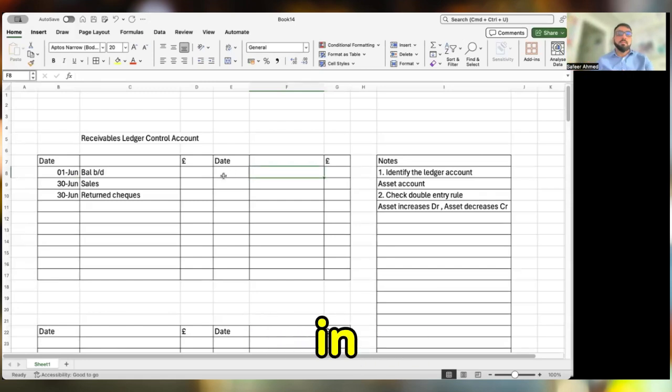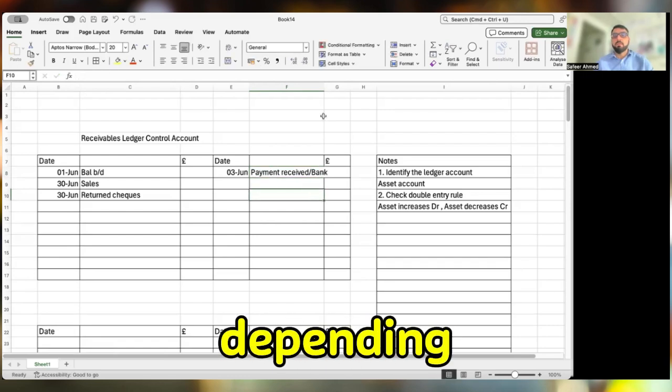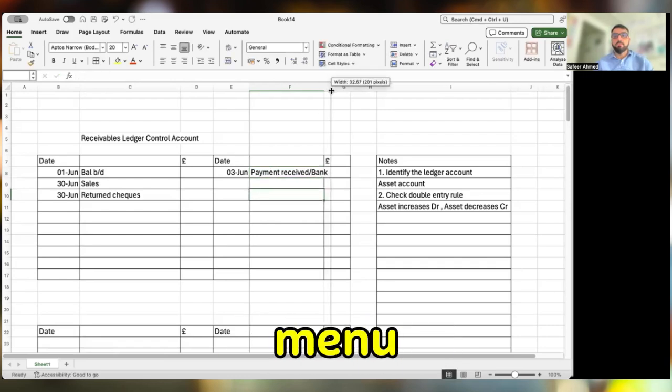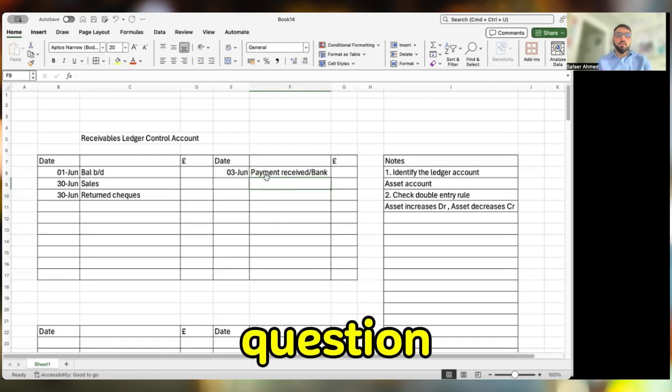So in this case, let's suppose on 3rd of June, customers paid you. It might be payment received, or you might simply call it bank, depending on the drop-down menu they give you in a question.